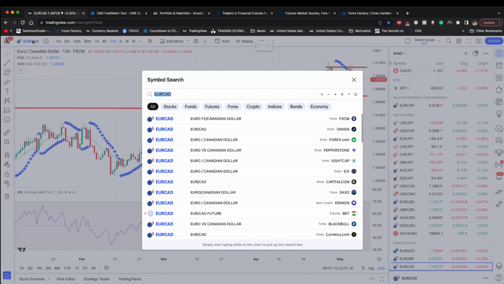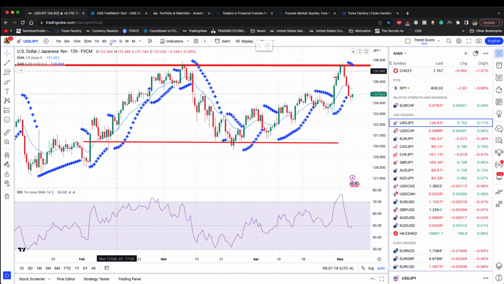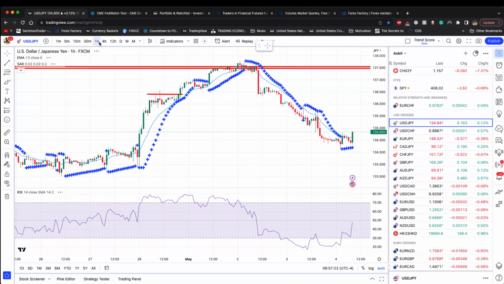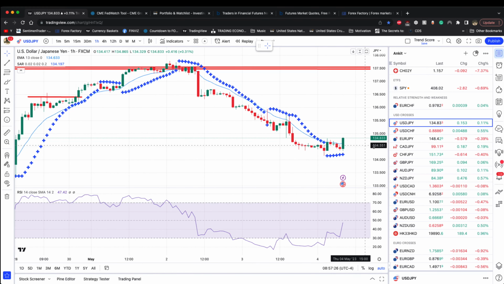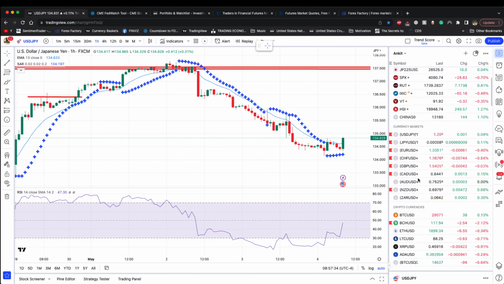Let's take a look at dollar yen. Dollar yen is the one that, as we discussed, we like on the longer term, not as much on the shorter term, but I am seeing a bit of a turn happening here. So it seems like right now, with the European currencies weakening, the US dollar and the Canadian dollar are catching some strength.